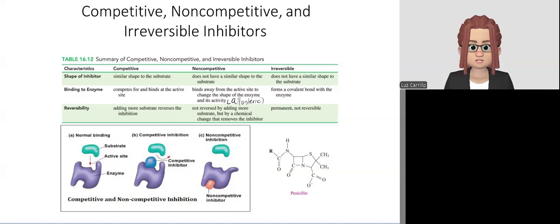And lastly, we have irreversible inhibitors. They don't have the same shape as a substrate. The important thing is that irreversible inhibitors are irreversible because they form a covalent bond to the enzyme, and these changes are permanent. To give you an example of one of the first irreversible inhibitors that was actually developed and used in treatment, that would be penicillin.